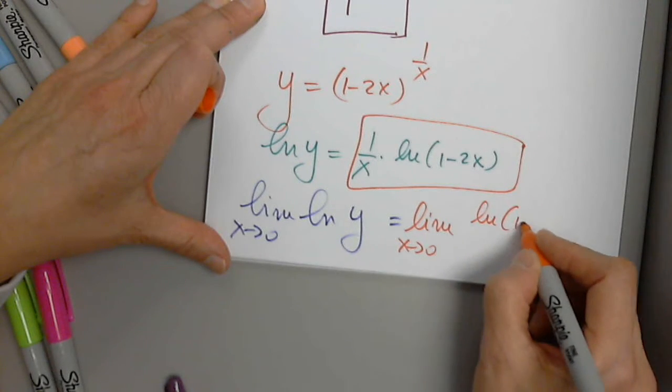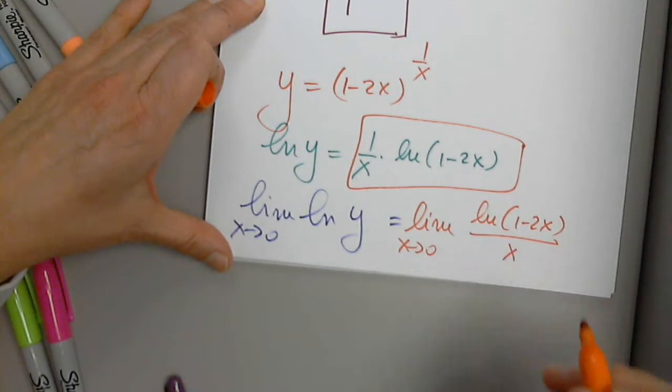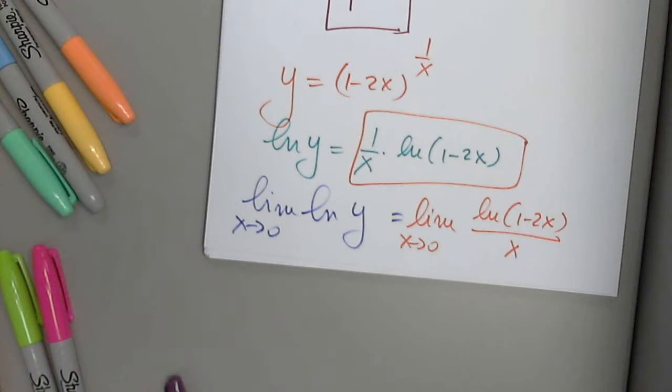So natural log of (1 minus 2x) divided by x. So keep in mind, I moved my target from finding the limit of the function to finding the limit of the log of the function.